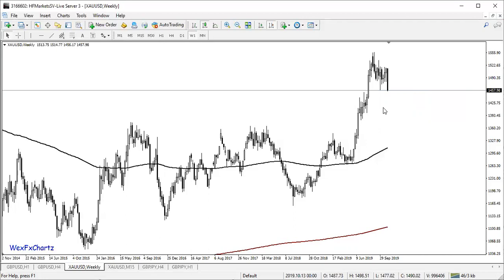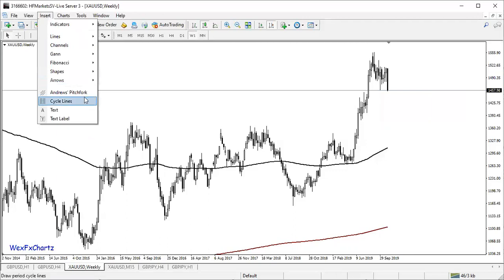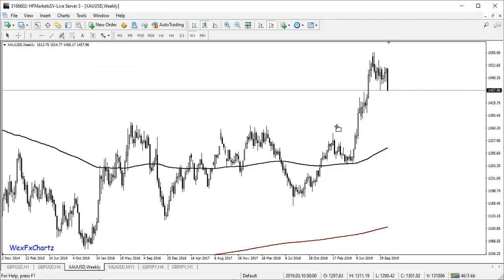So let's see. First of all, with our approach, we mark the zones. That's our first zone.